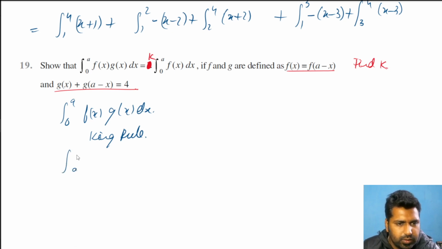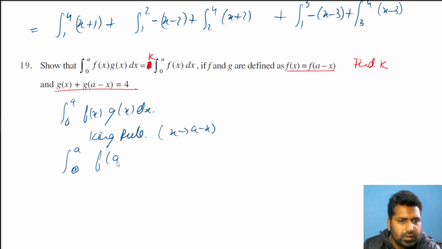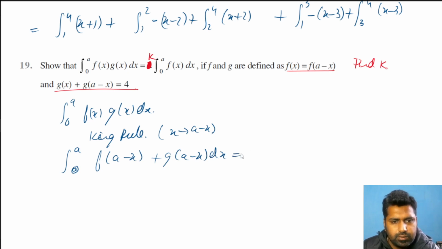So integral 0 to a, we have to replace x with a minus x. So f(a minus x) times g(a minus x) dx, not plus, they were in multiplication. This is what we have to integrate now.